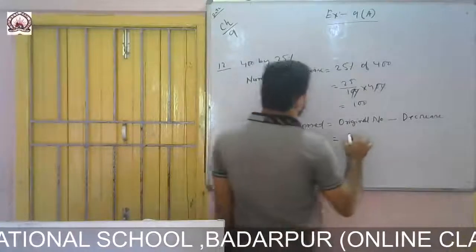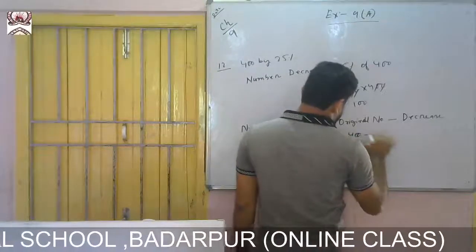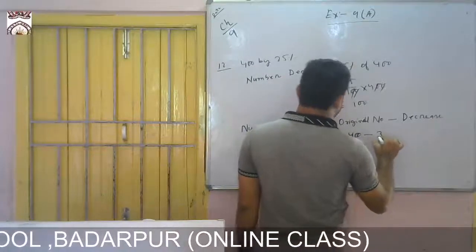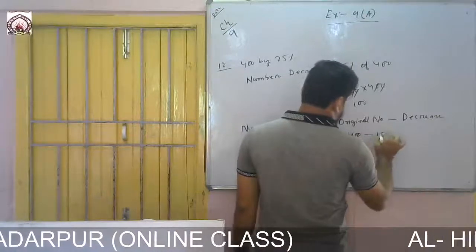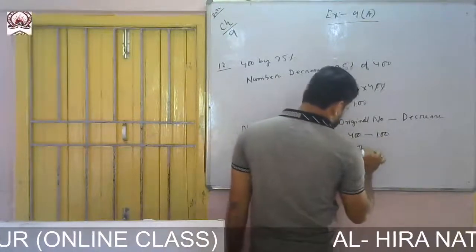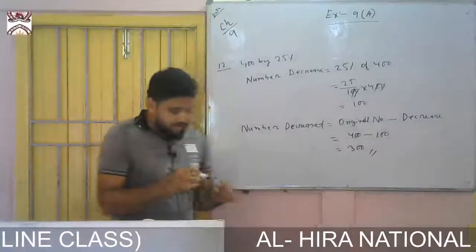So original is 400, minus decrease 100. It will be 300. So that is the answer.